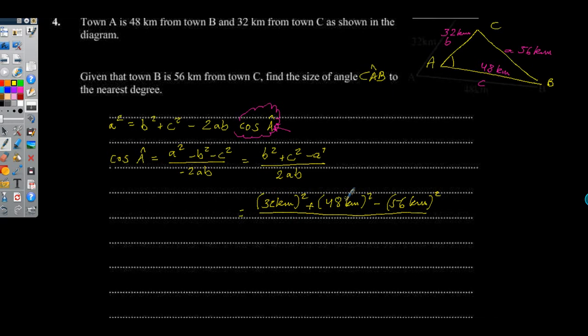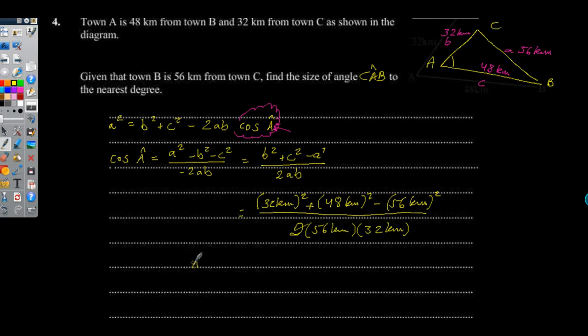B is 32 kilometers, C is 48 kilometers, and A is 56 kilometers, and I have to divide by 2 times A, which is 56 kilometers, times B, which is 32 kilometers. Advantage of using the units, I can see that they all disappear. Kilometer squared, kilometer squared, kilometer squared divided by kilometer squared. That's getting something without unit, which I should have since I'm calculating the cosine of an angle.